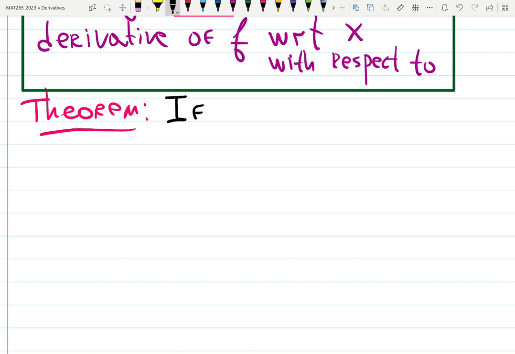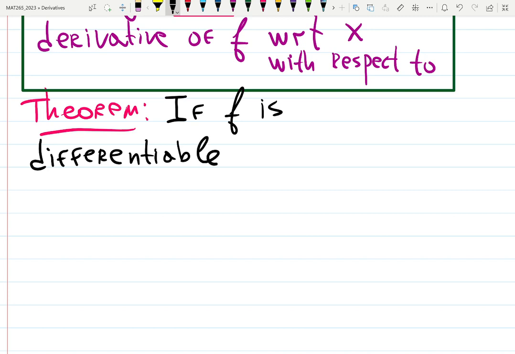Actually, let me just tell you this way. If f is, that's going to be a long word, differentiable, that means the derivative exists. So that's a definition. That means f prime exists at a.